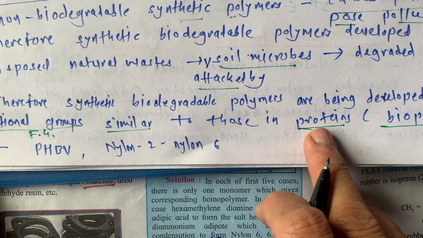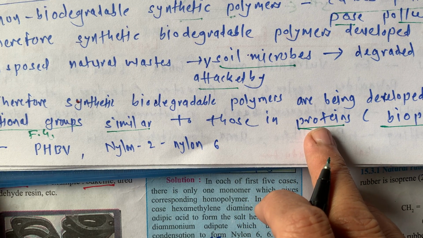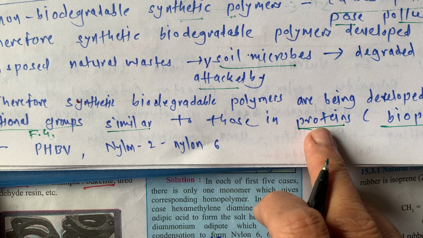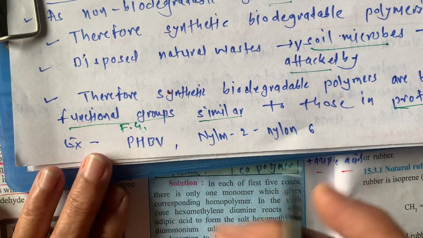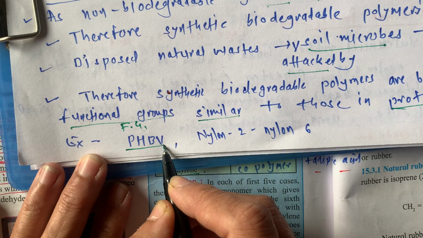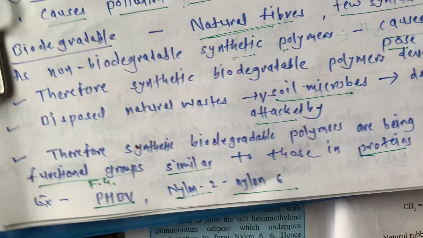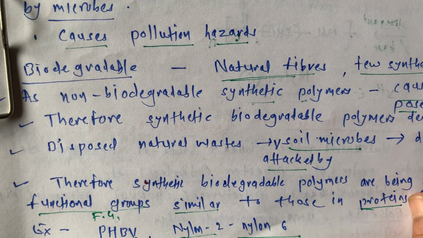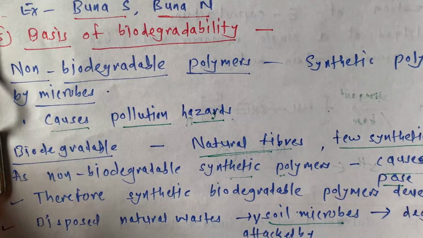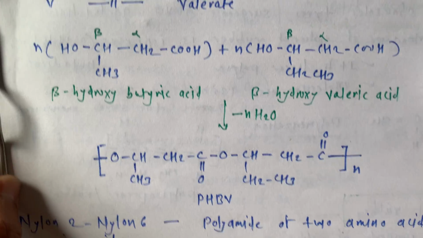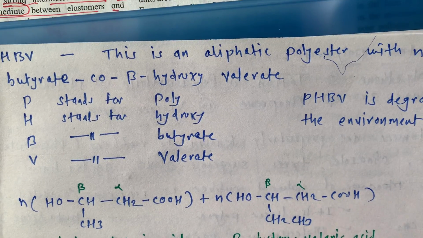Yes, that is nothing but NH2 and COOH. Examples are PHBV, nylon 2 and nylon 6. Now we will see what PHBV and nylon 2 and nylon 6 are.